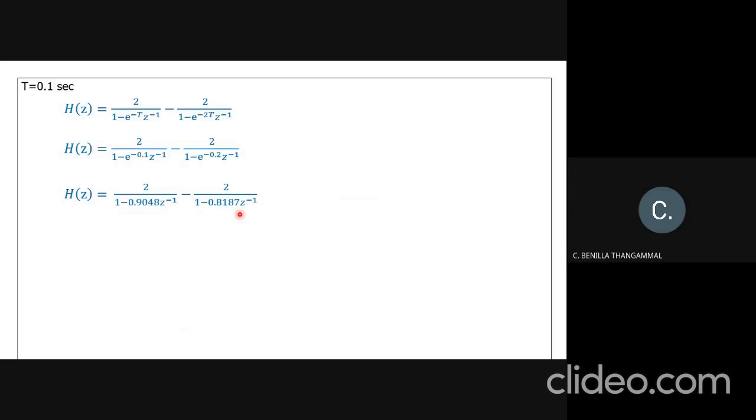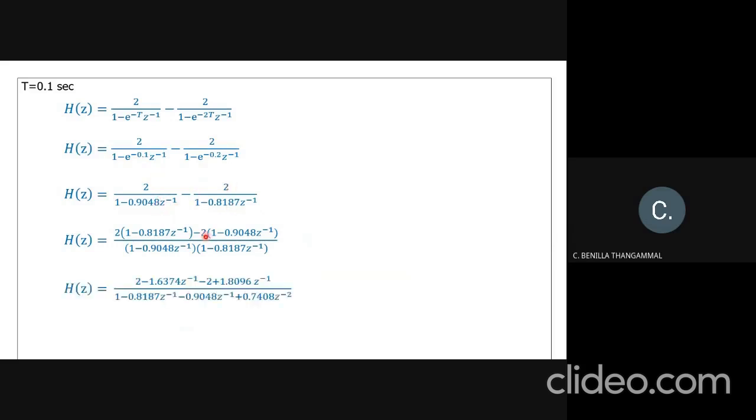If they ask this question for 2 marks, you can stop here. If they ask it for 4 marks or 6 marks, you have to find H of z such that the denominator of H of z starts with 1. So I'll be taking the LCM and cross multiplying, and then simplifying.